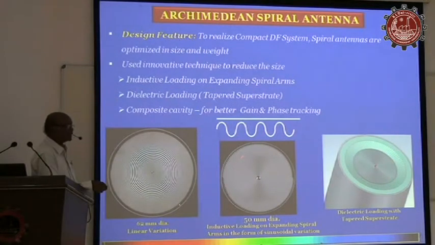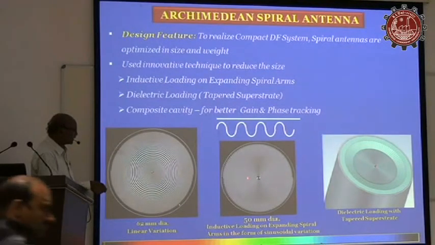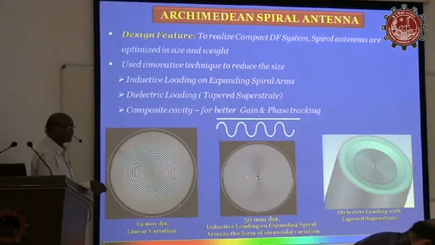Because this problem we always face with low frequency. The spiral's low frequency end is radiating from these outer spiral arms. So at high frequency there is no issue. That's why we are maintaining the central portion without any modulation.